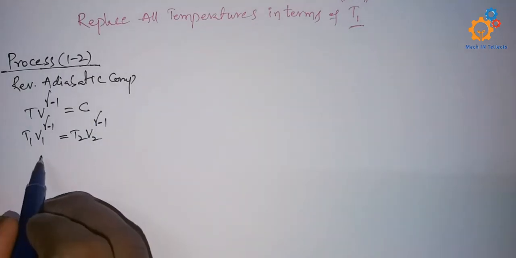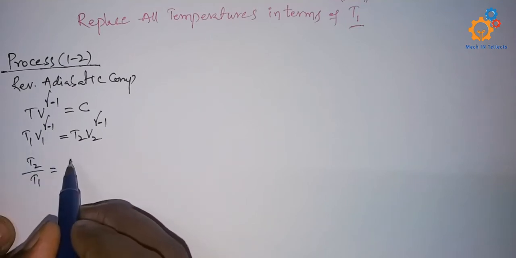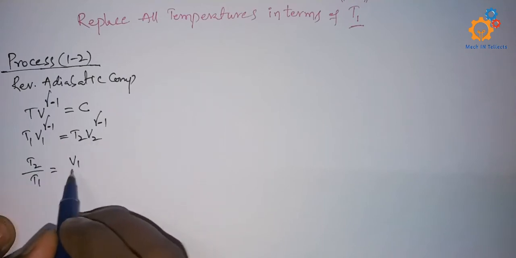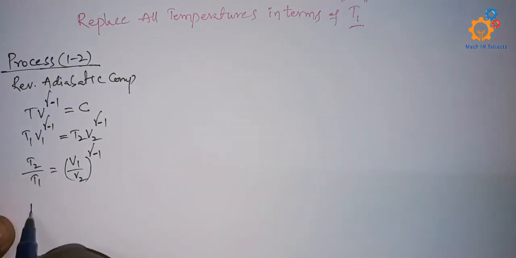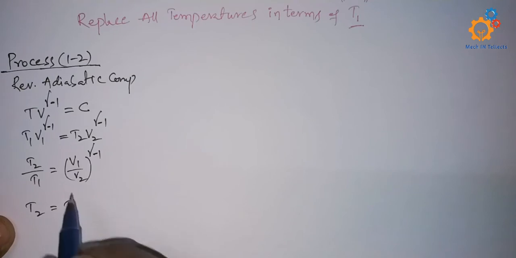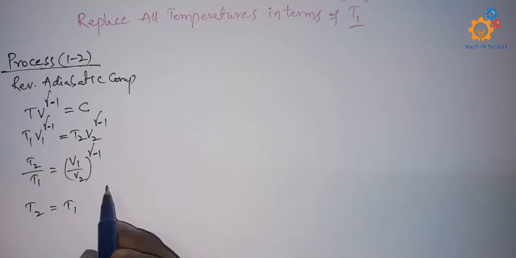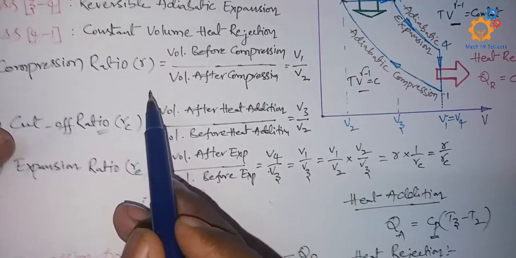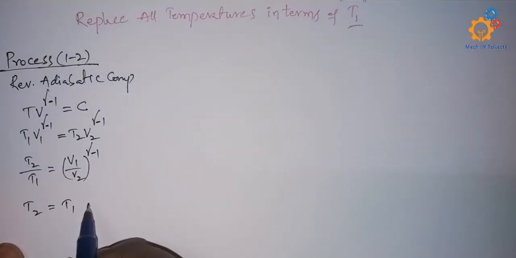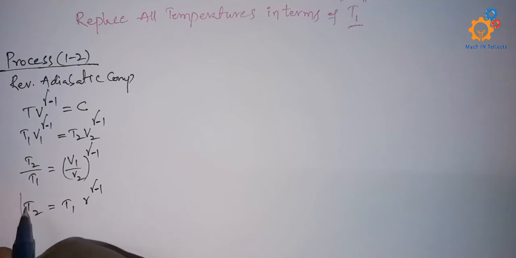So from this, T2 by T1 is equal to (V1 by V2) whole power gamma minus 1. So T2 is equal to T1 into, what is V1 by V2? V1 by V2 we found as compression ratio, so T2 is equal to T1 into R power gamma minus 1. Let's take this.